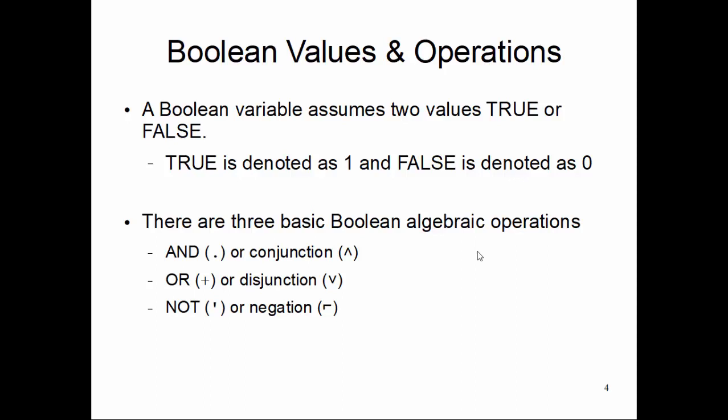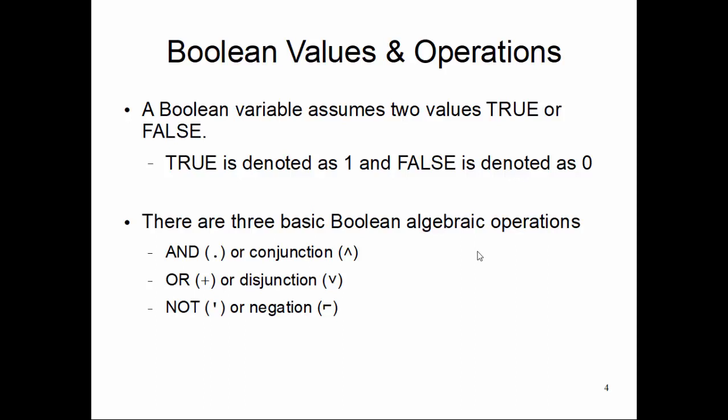In our digital circuit world, true is represented as 1 and false is represented as 0. This is just a symbol. In Math 42, most of you probably symbolized them as T and F. Now, since we are studying this from the digital circuit design angle, we will represent them as 1 for true and 0 for false.